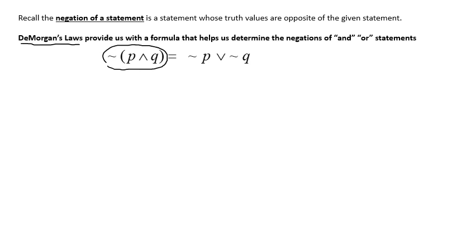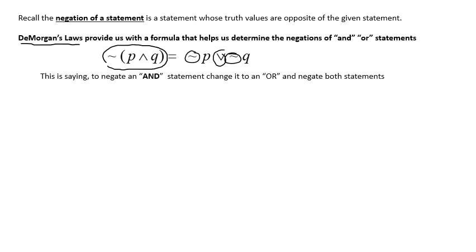De Morgan's law says that we change this to an or, and notice we take the negation of the two statements. This is saying to negate an and, the statement is changed to an or statement, and then we negate both statements on each side.